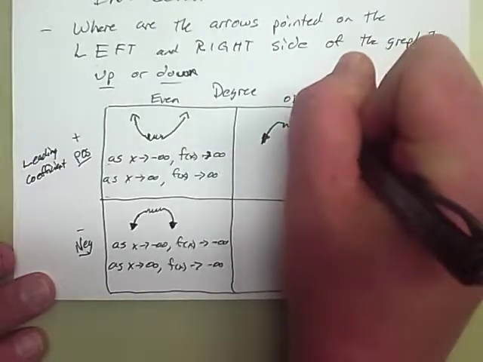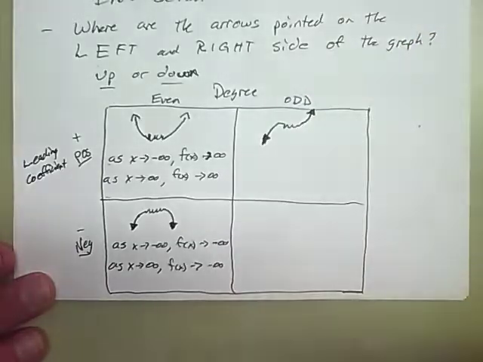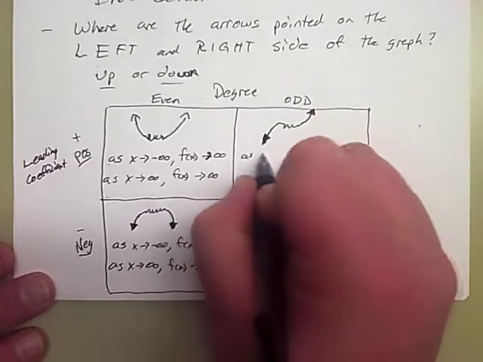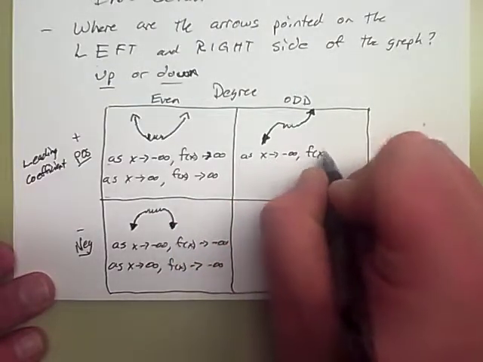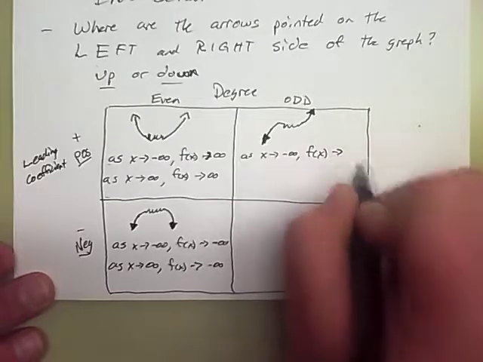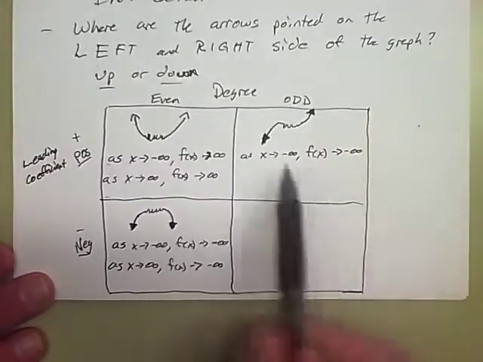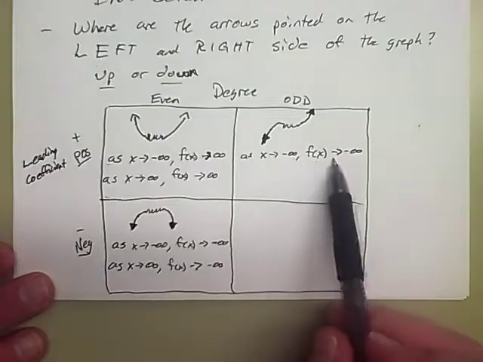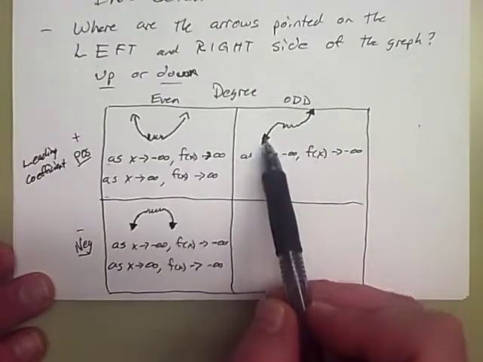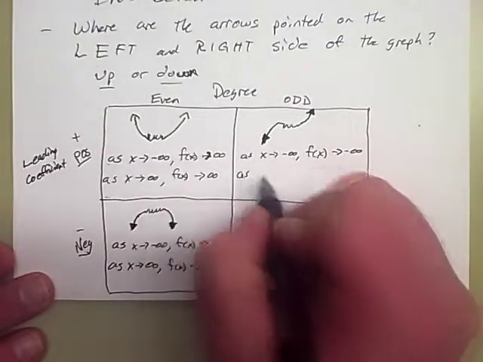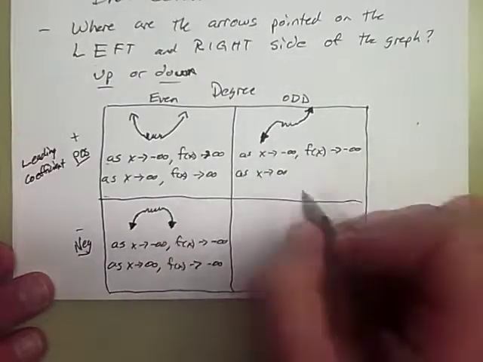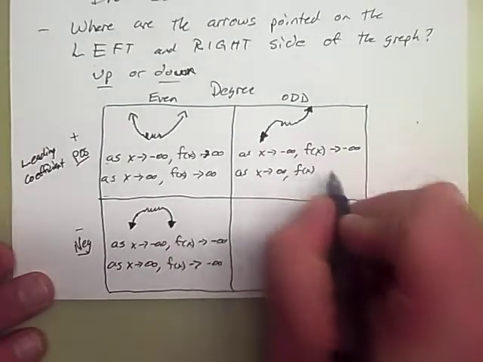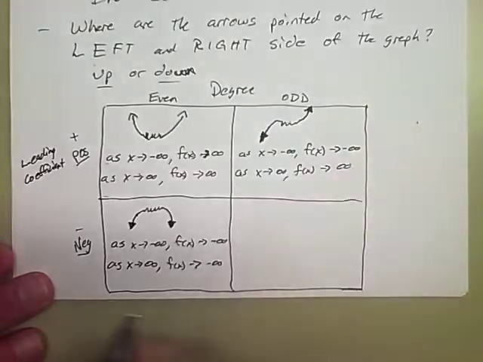And on the right side, the arrow's pointed up. So as x approaches negative infinity, my y value is going to approach negative infinity. To the left, the arrow is pointed down. As x approaches positive infinity, in other words, to the right, my arrow is going to be pointed up.